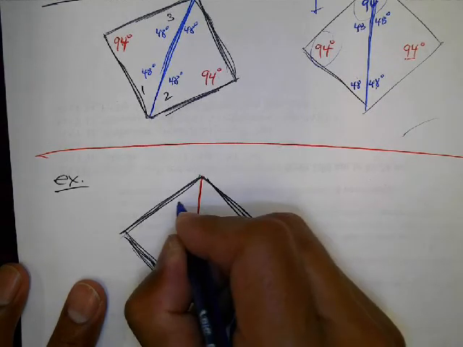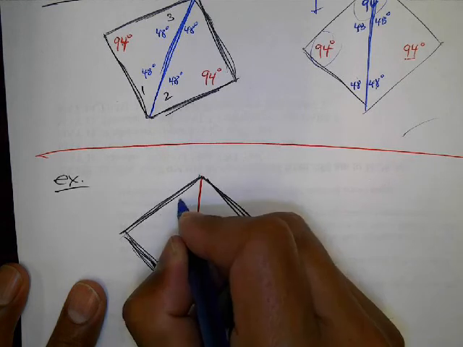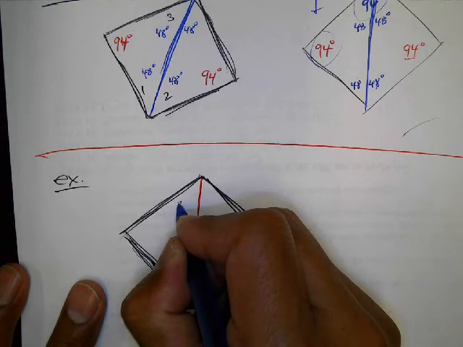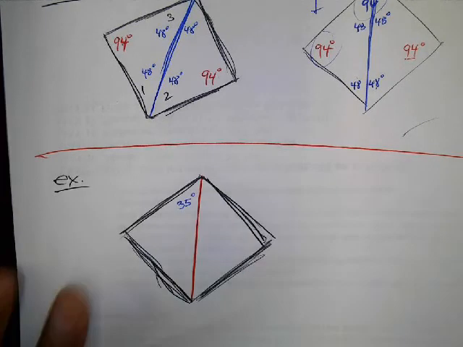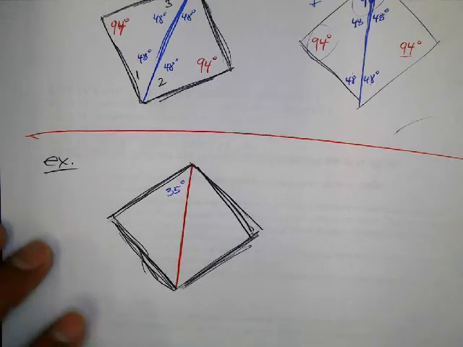Let's say they tell you that this one's, what was I going to do? Let's go with 35. Let's say that one's 35.